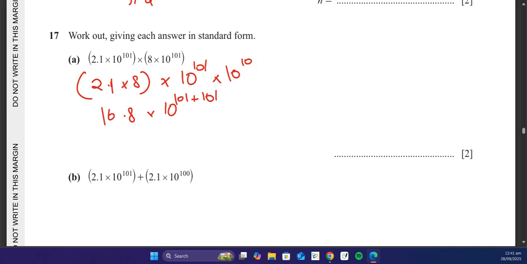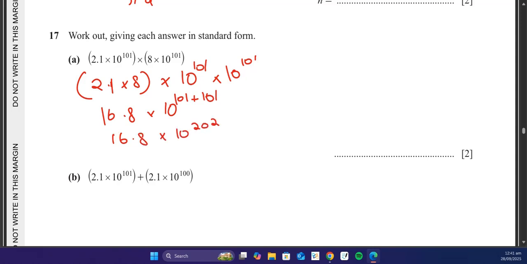So what we basically did is we took out the bases and separated them from the other values. Then we multiplied those other values, and because the bases are the same and they're multiplying, we could just add the powers, right? That's the rule of indices. So that should give us 16.8 into 10 to the power of 202.